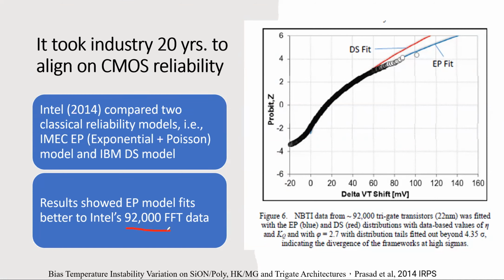Intel used their own 92,000 FinFET data to find that EP is a better fit. This model was proposed by IMEC, by Ben's group, my friend Ben's group, very good experts in reliability. Their model fits better compared with the one suggested by IBM.